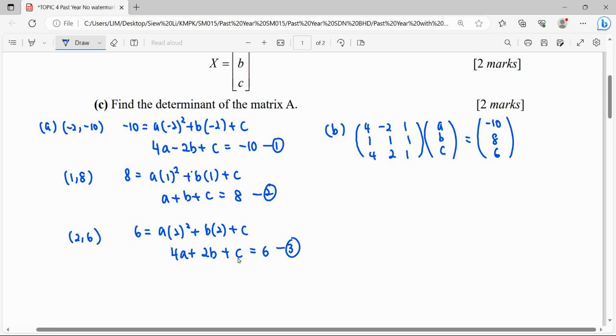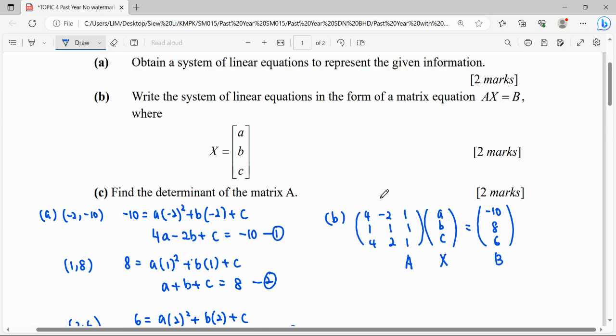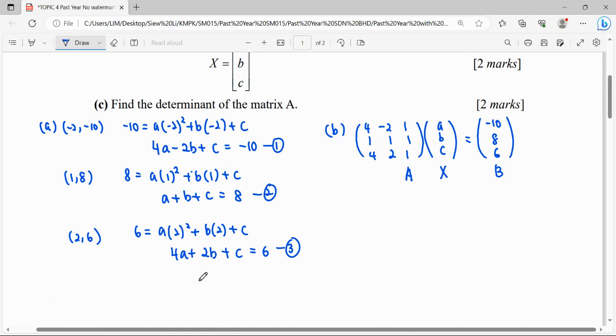Then we can see that this is our matrix A, this is our matrix of unknowns, and this is our matrix B. So this is how we represent our equations in the form of matrices.